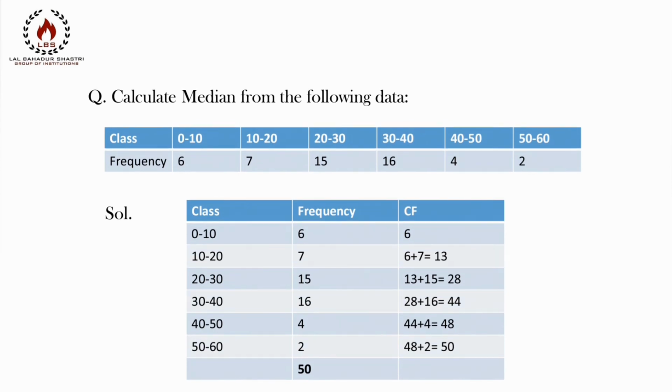This is the question. Always arrange the data of the continuous series in ascending order, otherwise the formula will be changed. So make it a habit to always arrange the data in ascending order.